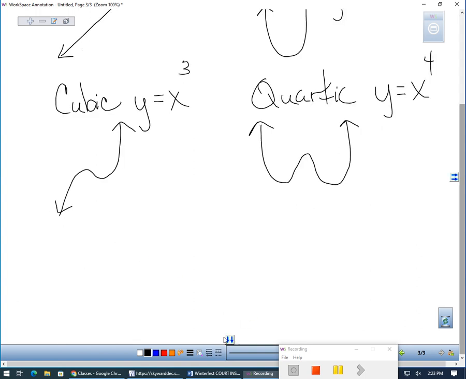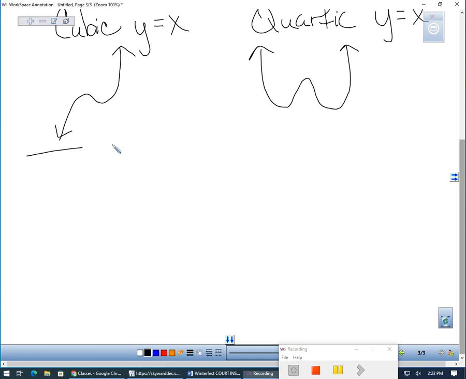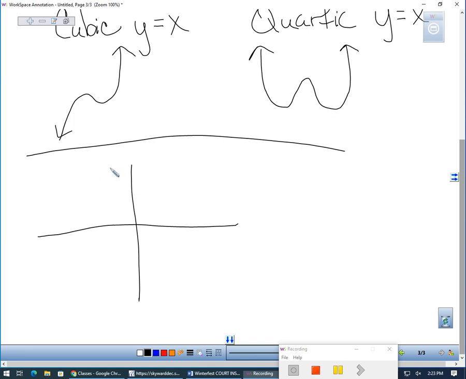All right, so here's what we're going to do. I'm going to make you a little box table. Up here, I'm going to put odd and even. Over here, I'm going to put positive and negative. If you have a polynomial function that is odd and positive, so your leading coefficient is positive, your end behavior will be down, up.